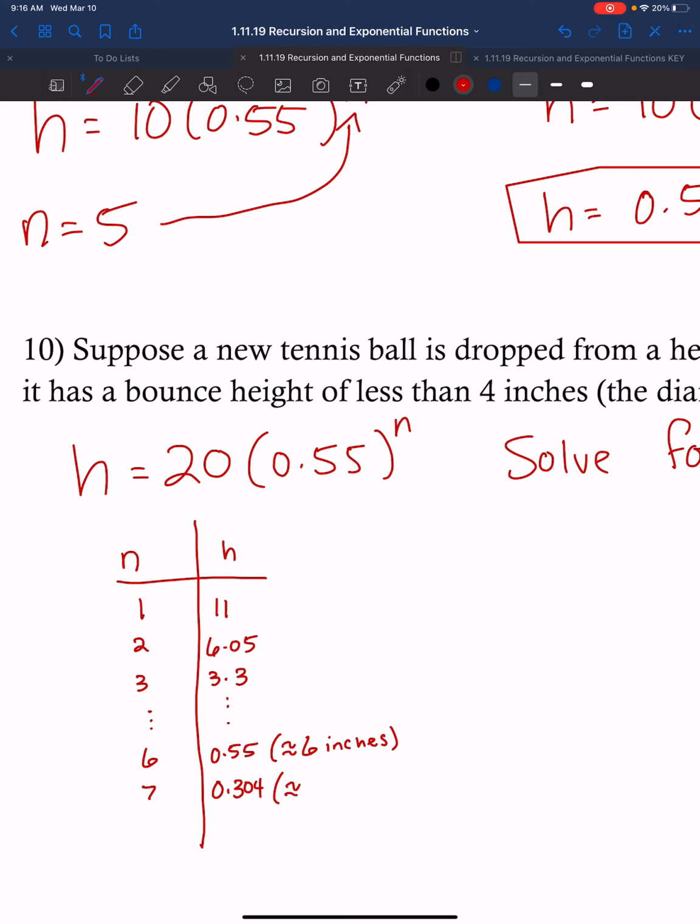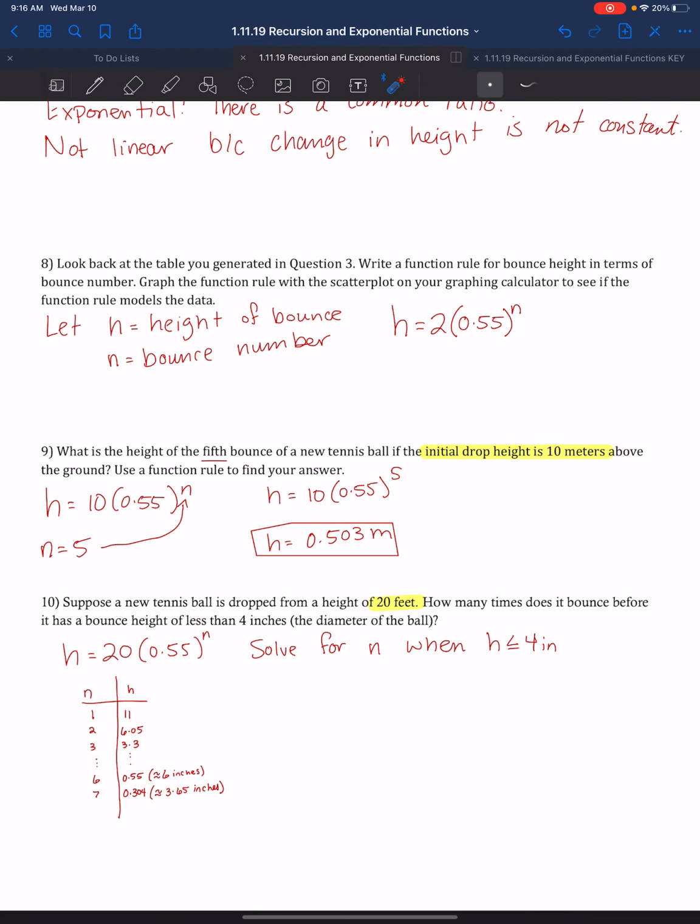Now that is about 3.65 inches. So it will take 7 bounces to reach a height of less than 4 inches, okay? So after the 7th bounce.